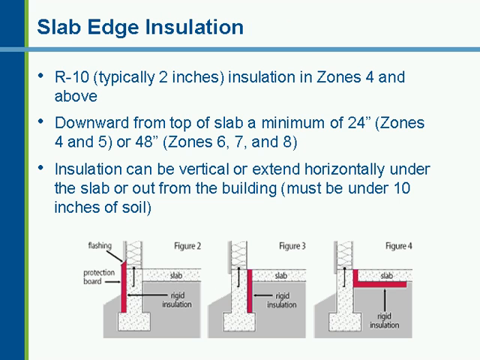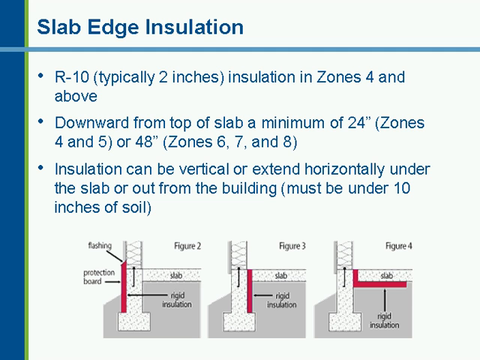The code does have requirements for slab edge insulation in some of the zones. You can see the requirements right here. There are requirements both on the R value that you must have in place and the depth or the total length of the insulation slab, or insulation on the slab.